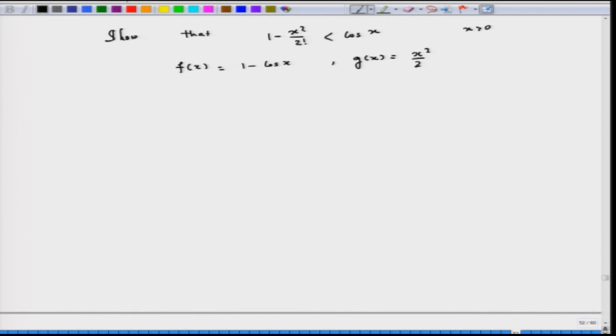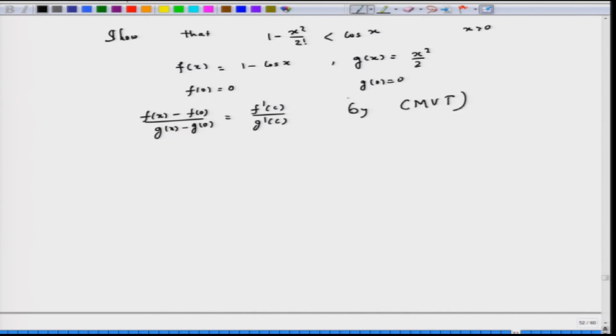Now, both are continuous and differentiable functions, and f of 0 is equal to 0 and g of 0 is equal to 0. So, f of x minus f of 0 divided by g of x minus g of 0 is equal to f prime of c by g prime of c by Cauchy mean value theorem.